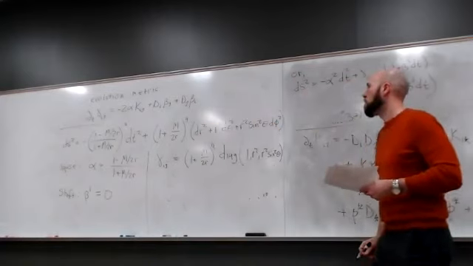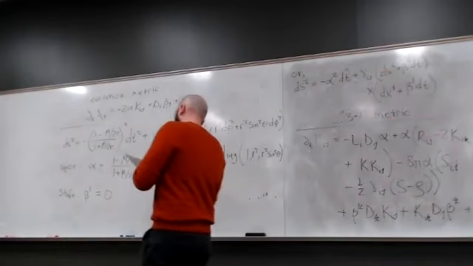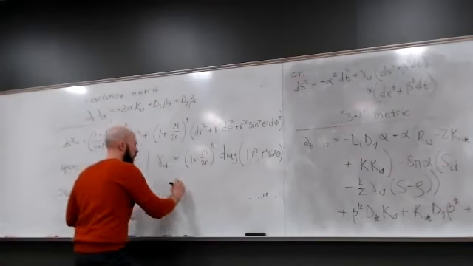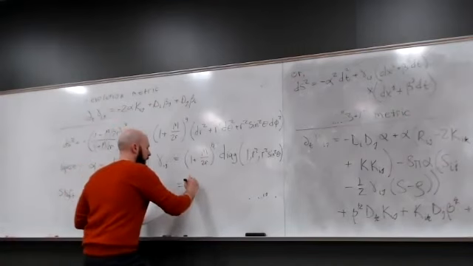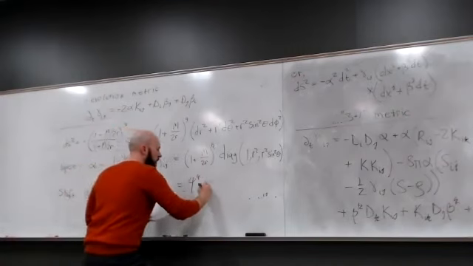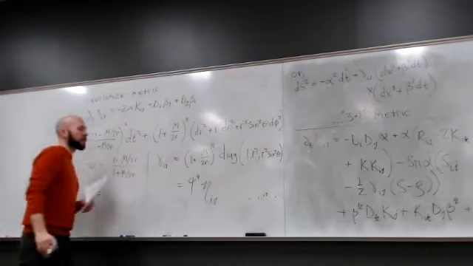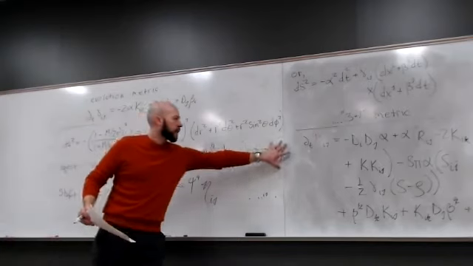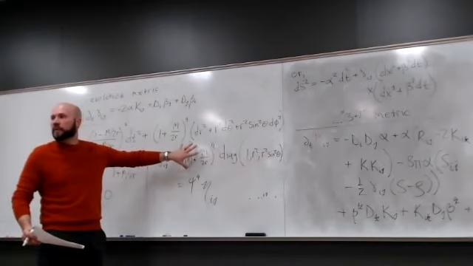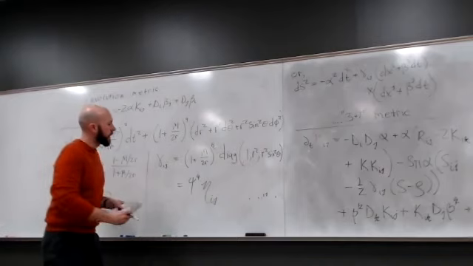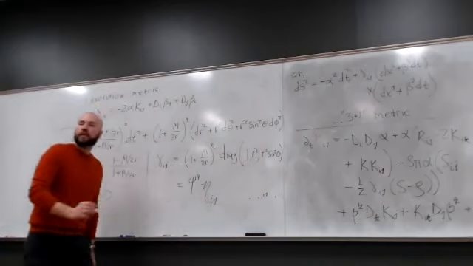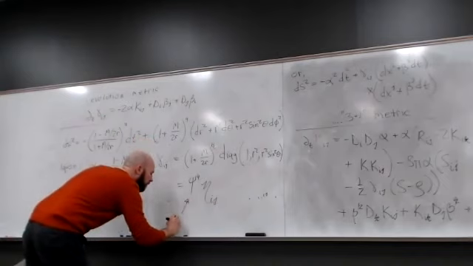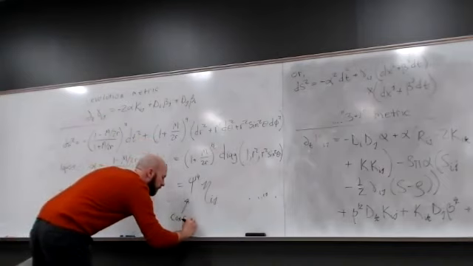Right? And this metric takes the form where I could rewrite this as some factor times the flat metric eta ij, right? This is just the flat metric. And then this is some multiplicative factor. We would call this psi a conformal factor. And we'll use that later.